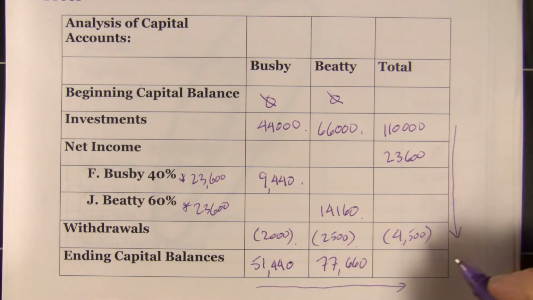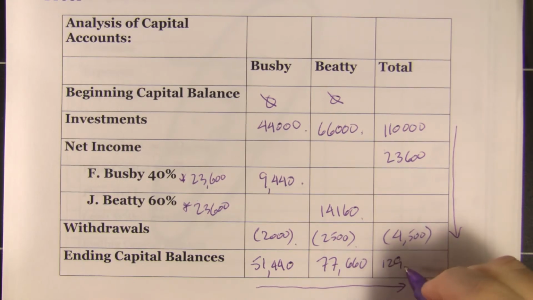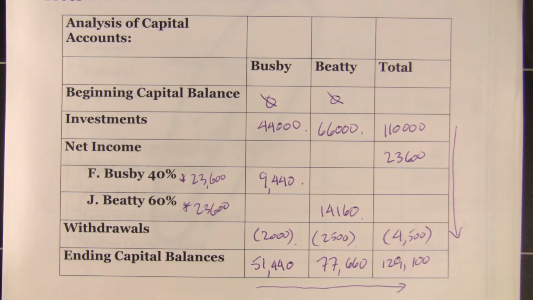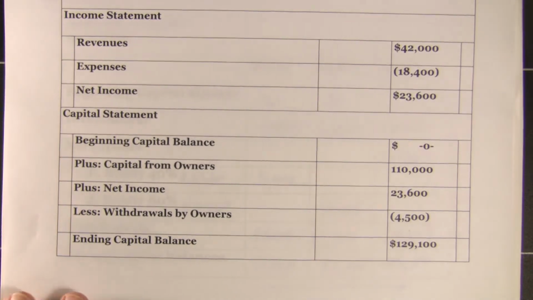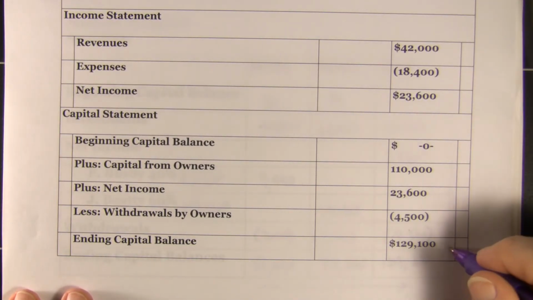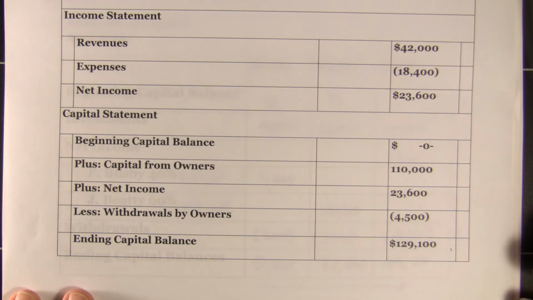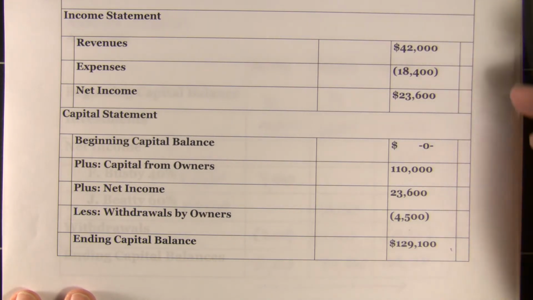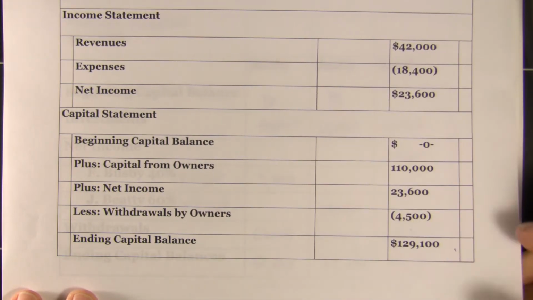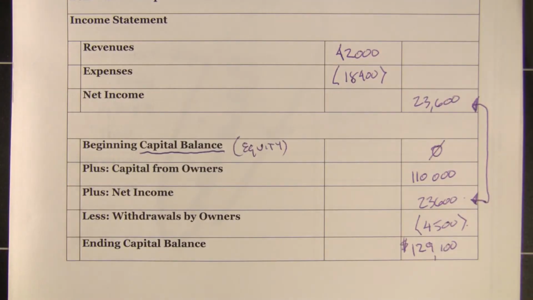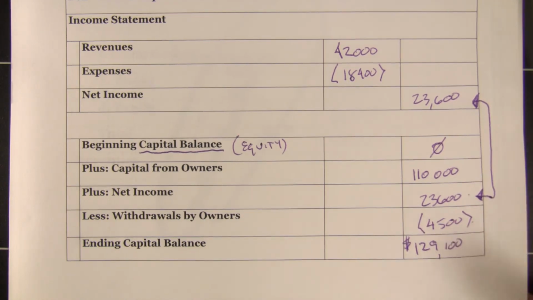You add across, you're going to come to $129,100, no matter which way you do it, which is exactly what we did when we worked out the capital balance for the entire partnership. So you can do it either way. I like this way, it's a little more straightforward. But in either case, we're allocating that net income and we're changing the capital balances.